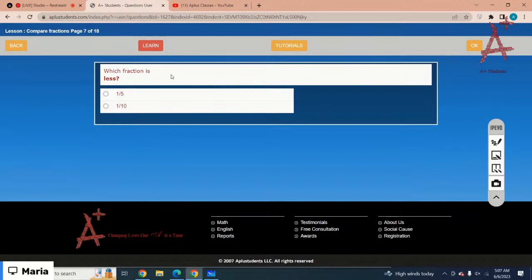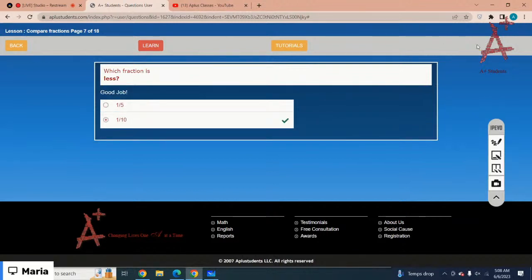Which fraction is less, 1 out of 5 or 1 out of 10? 1 out of 10 is less than 1 out of 5. Got it?